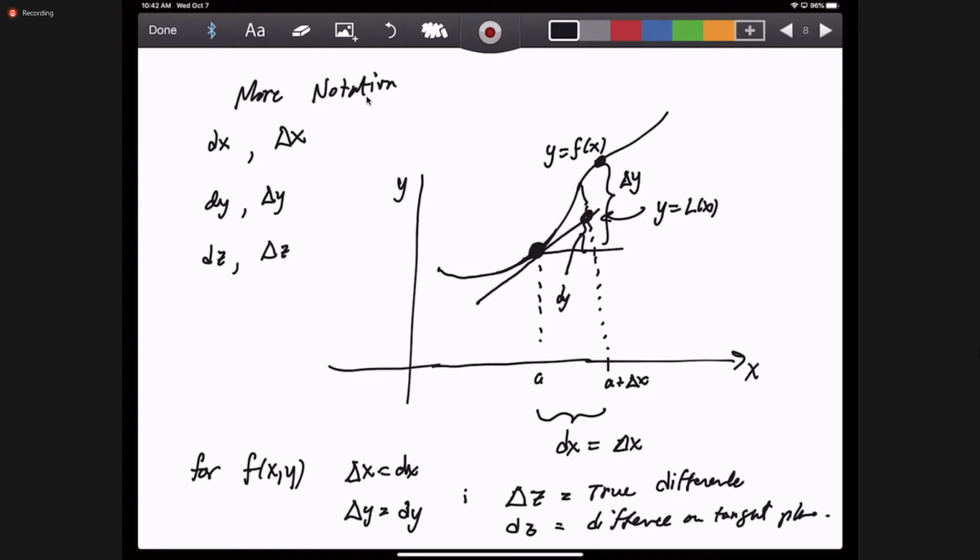Let me just make sure I remember that correctly. So that's linearization and tangent line approximation. If you review that material, it might make the tangent plane approximation a little bit easier to digest.